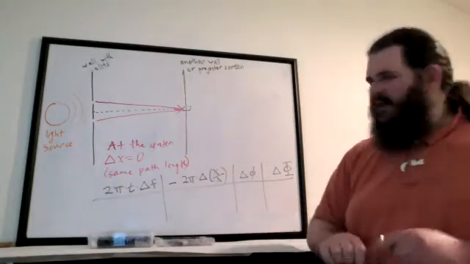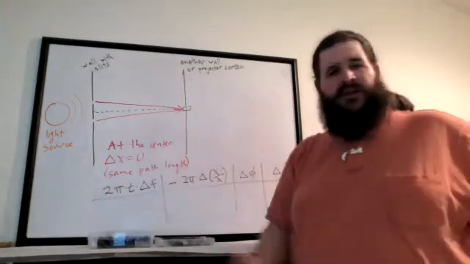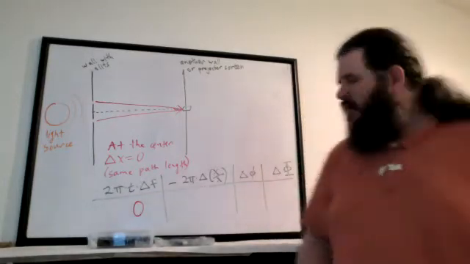In the center, they arrive at the same time, they have the same frequency because they come from the same source. So this term is going to be 0, no difference in time times frequency.